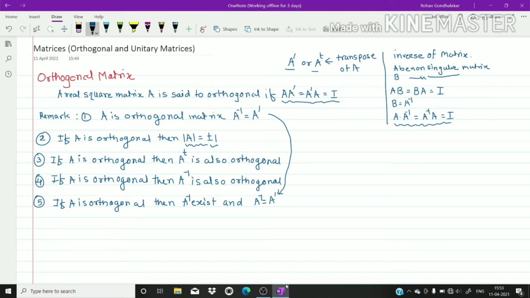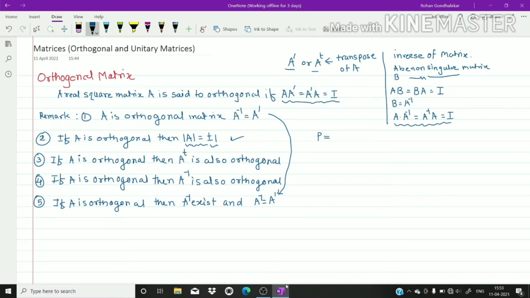So if you want to check whether the matrix is orthogonal or not, you can calculate its determinant, and if you get +1 or -1, then there is a chance the matrix is orthogonal. But if the value of determinant is other than 1 and -1, or it is a singular matrix, that is determinant is 0, you can directly say the matrix is not orthogonal.